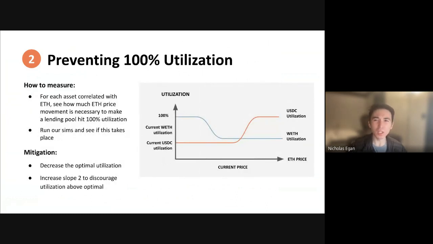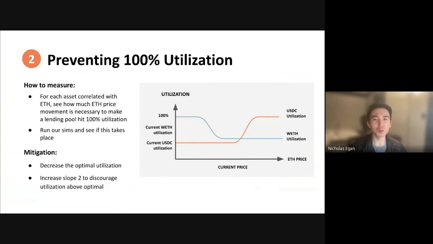There are two ways we can measure the risks of this happening. The simpler way is to see for each asset correlated with ETH, how much ETH price movement is necessary to make any lending pool hit 100% utilization on the protocol.